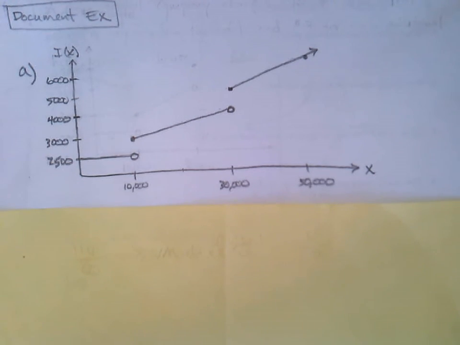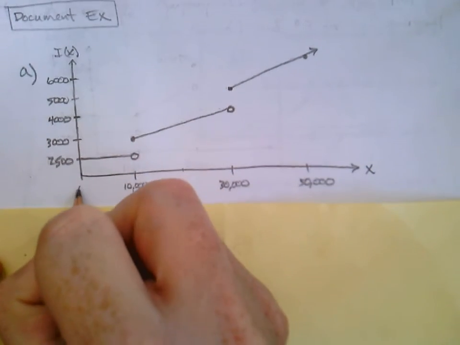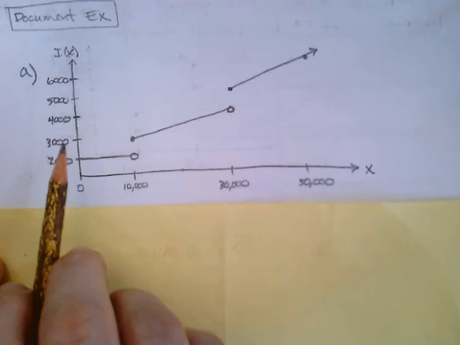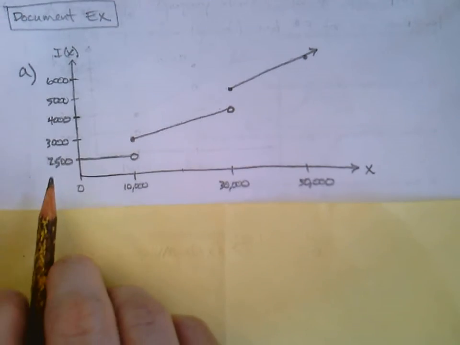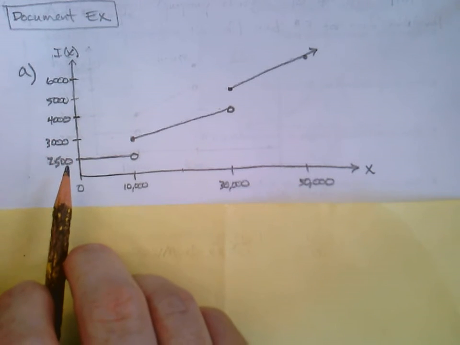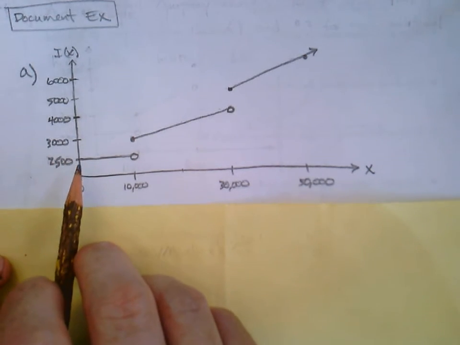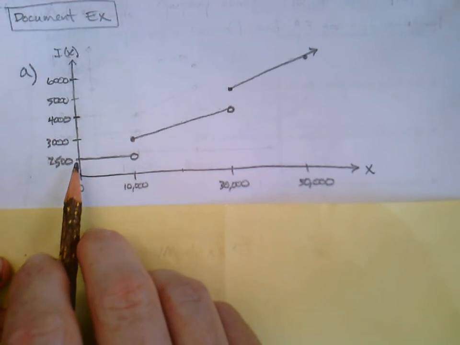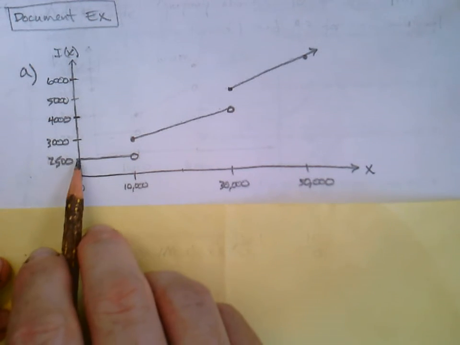Graph I of x for x between 0 and 50,000. All right, so we see what's going on here. Here's 0, obviously 0 sales. There's x, and there's I of x, and I've labeled it in a way that was conducive to the dollar amounts they're giving us. $2,500 is her base.